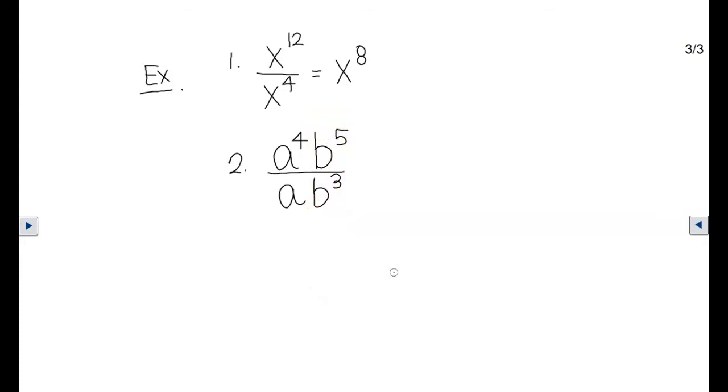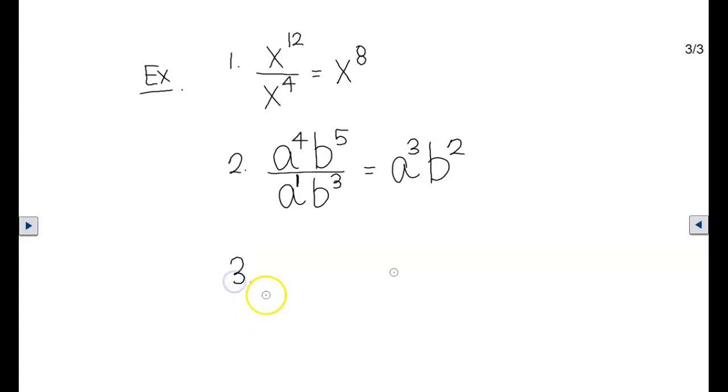So I'm going to have to repeat that quotient rule for each of the bases. So for the a's, I would subtract my exponents and do 4 minus 1, which would make that a to the 3rd. And then for the b's, I would do 5 minus 3, which would give me b to the 2nd.